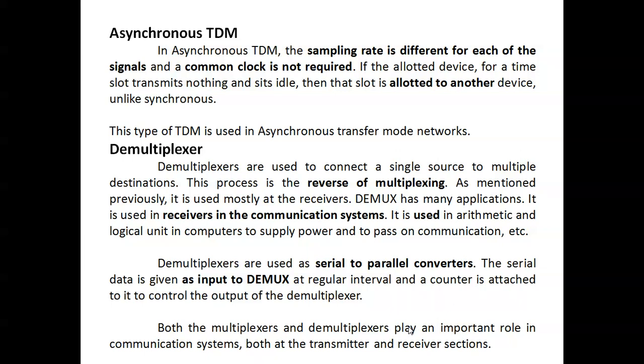Demultiplexing is mainly used as a serial to parallel converter. A counter is attached to the control output of the demultiplexer. Both multiplexer and demultiplexer play a very important role in communication systems, in the transmitter and receiver sections.